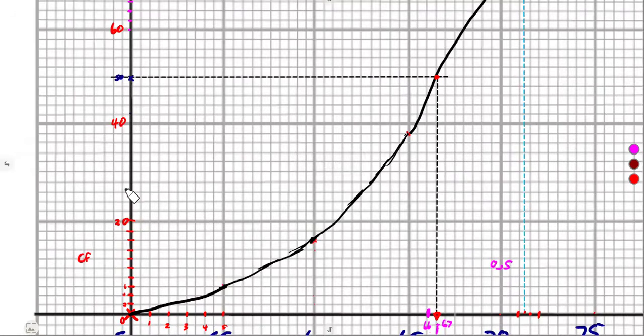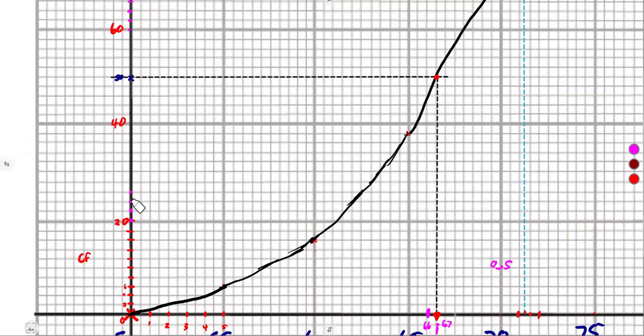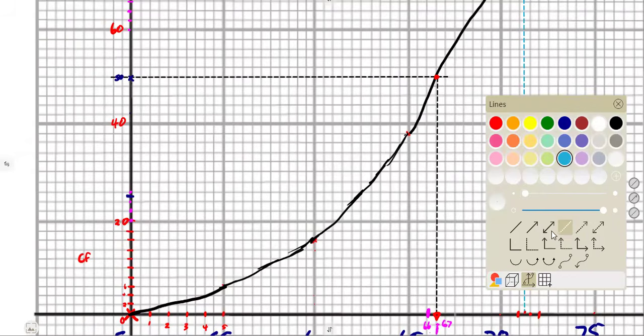So like I said here, we need 25. So that was 20, 22, 24, 26. So 25 was going to be definitely in between 24 and 26. So that was it. That point, just like the previous one, we take it to the graph.